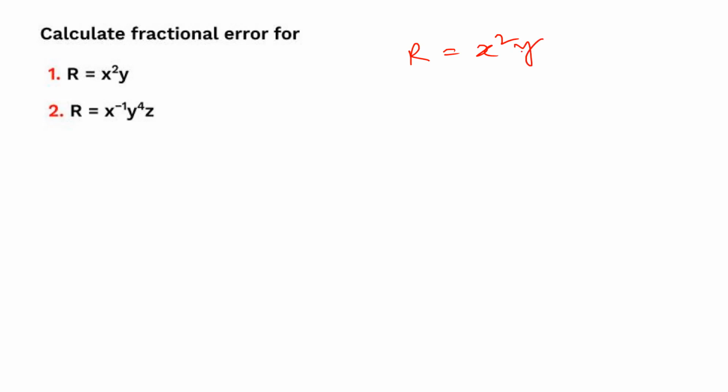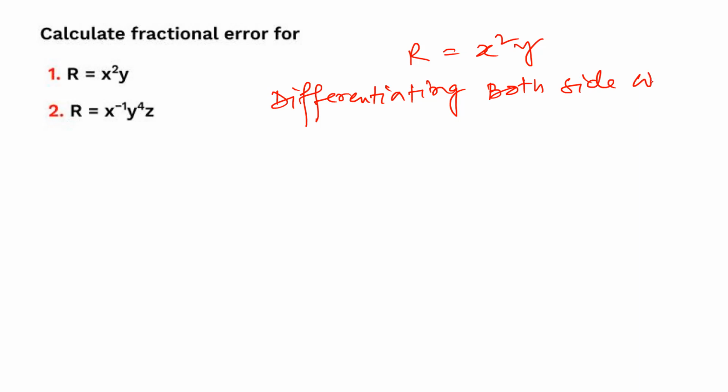This function is given, so obviously we have to differentiate on both sides with respect to x. So let's do that. Differentiating both sides with respect to x, which can be written as a short form, and it is allowed in your exam.